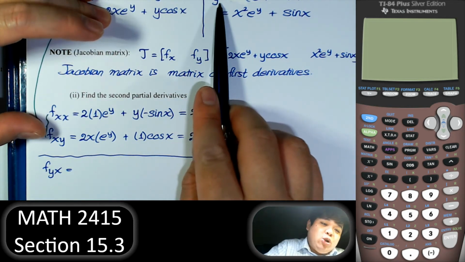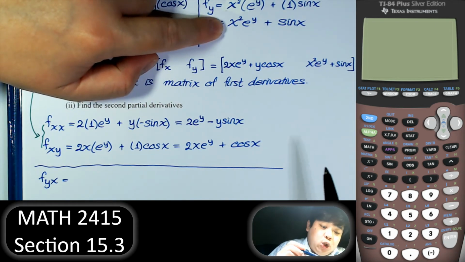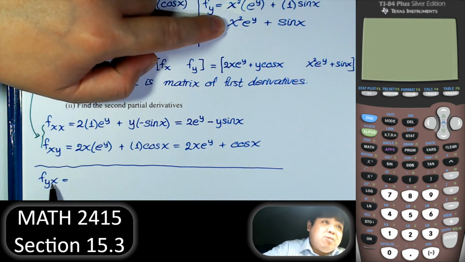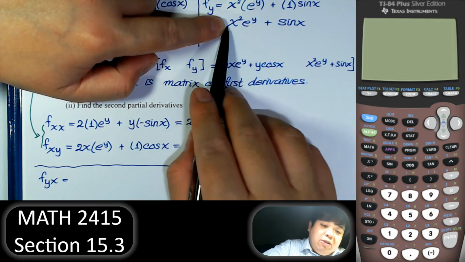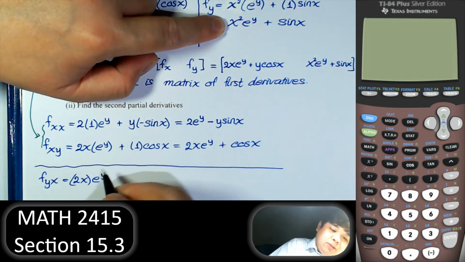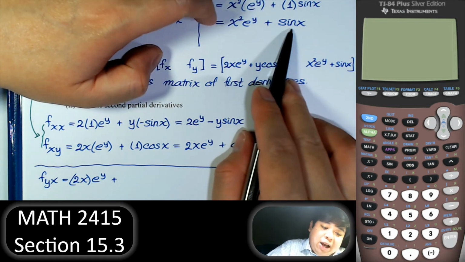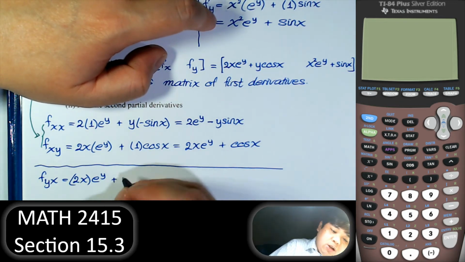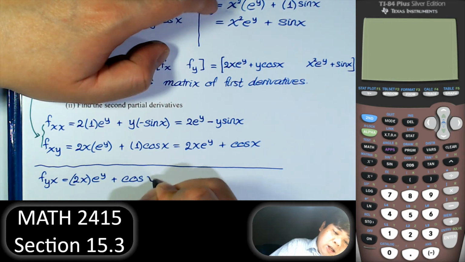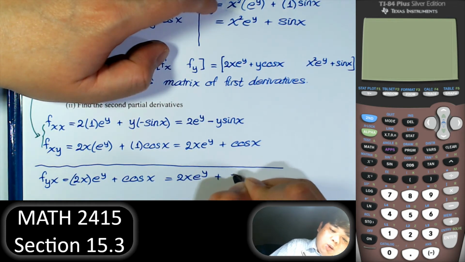So the derivative with respect to y we already have done. So the derivative of this with respect to x: the derivative of x squared is 2x. E to the y is a constant. Derivative of sine x with respect to x is cosine x. So indeed, we have 2x e to the y plus cosine of x.